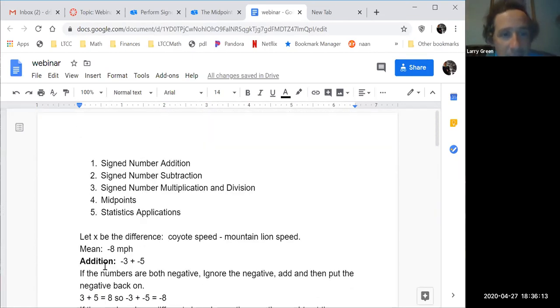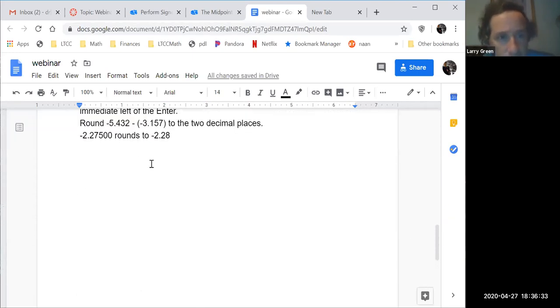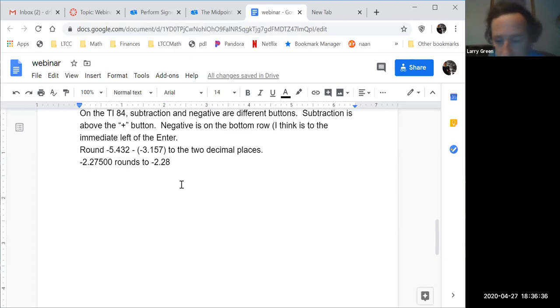Okay, so let me go down and talk about what we've done. So we've now done addition. We've done subtraction. Now it's time to talk about multiplication and division. So the key with multiplication and division is, let me write this down: ignore the minus signs, the negatives.